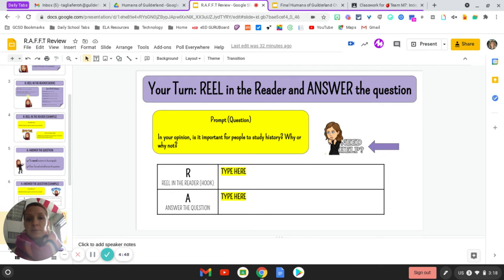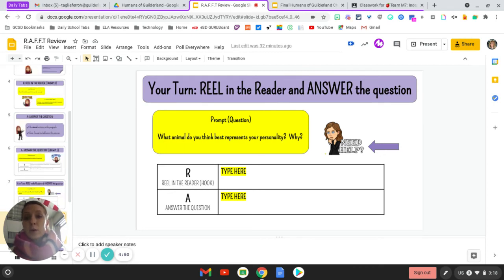Very clearly there. The next question: what animal do you think best represents your personality? Your hook sentence might be something about personalities or things that represent our personality, or maybe something about animals. And then here, you're going to give me your direct answer: the animal that best represents my personality is a lion, whatever. Again, it says why, but we're not answering why yet.